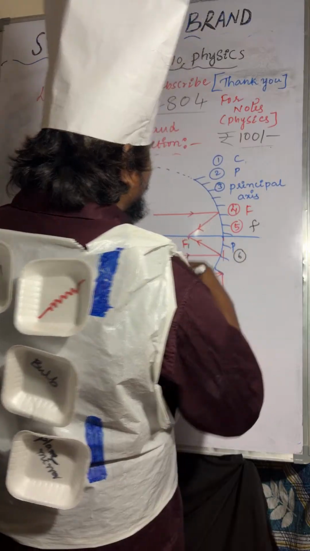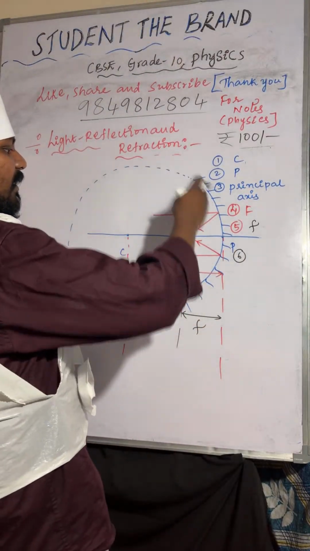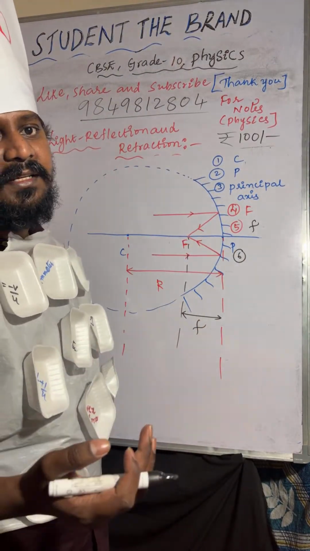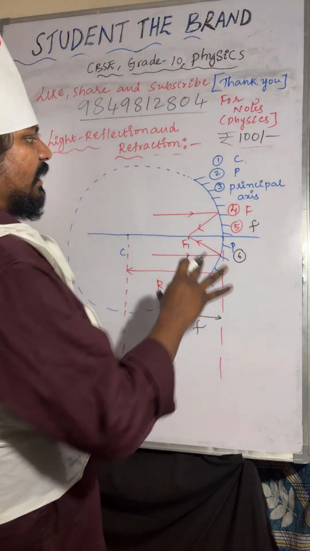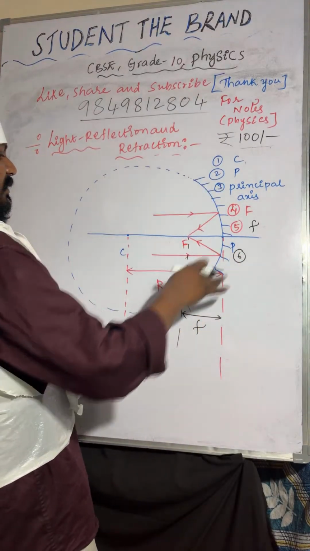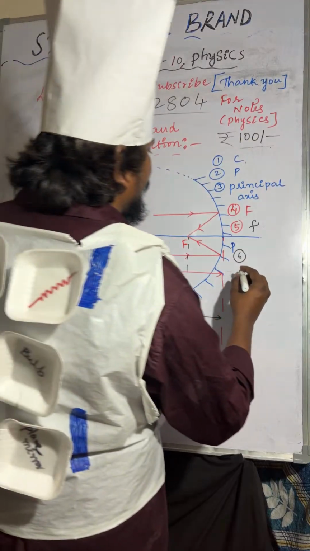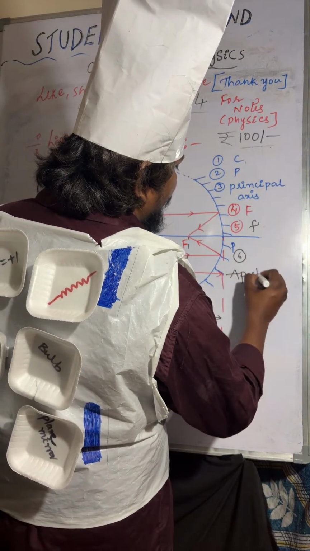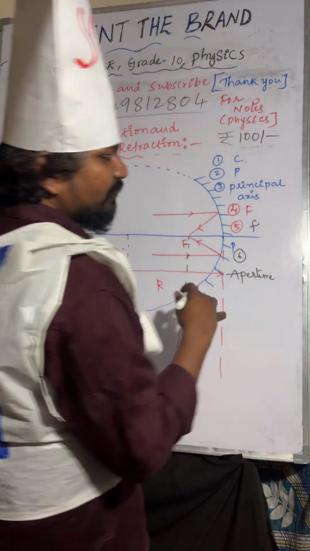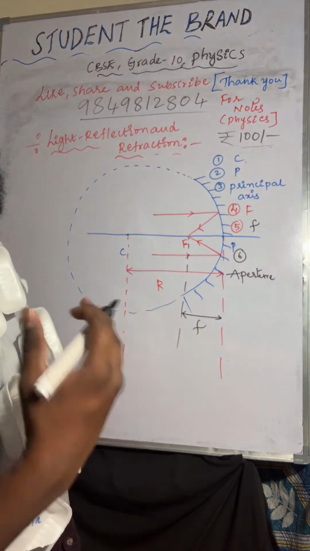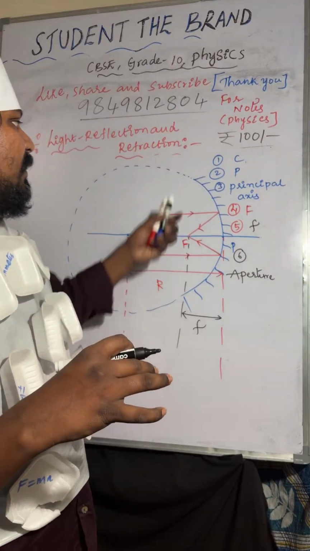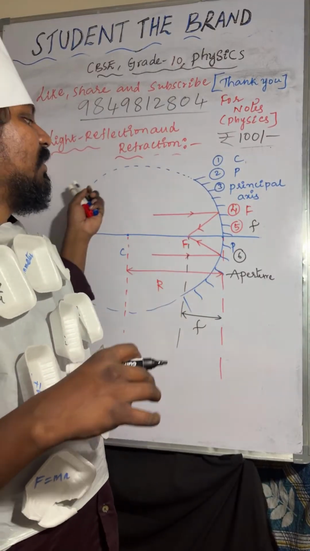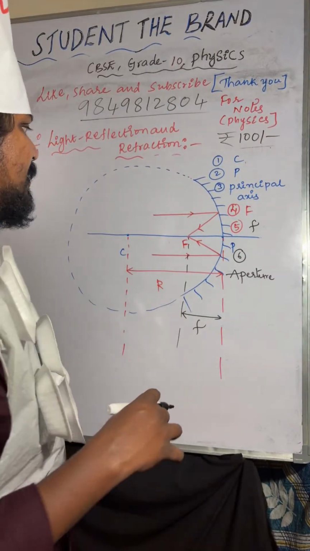And the sixth one, the width of the mirror, is called aperture, where light rays are reflecting. Okay, the width or diameter of the reflecting surface is called aperture.